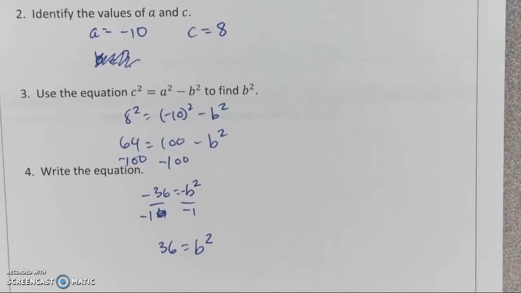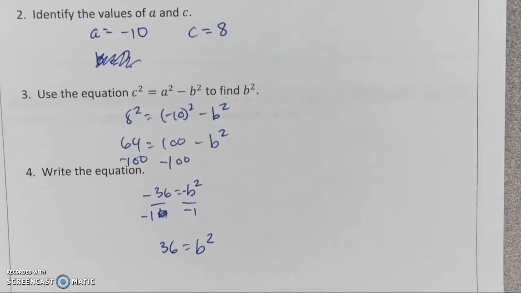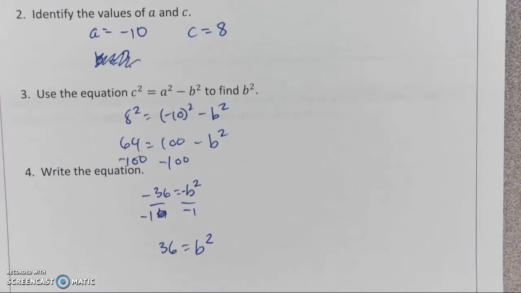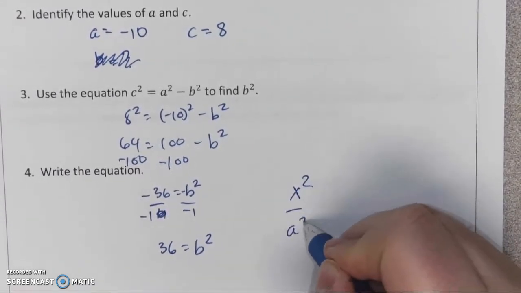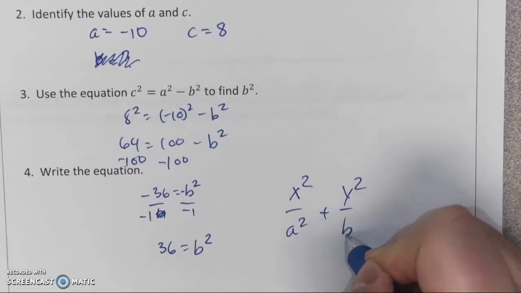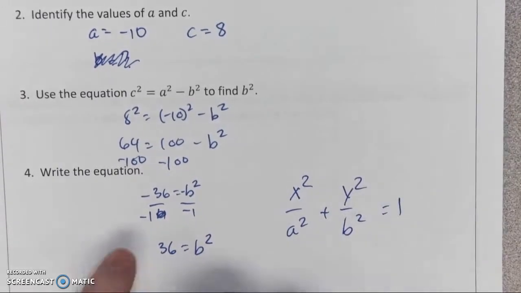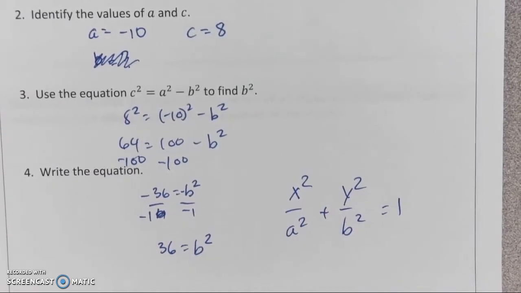And I know that this ellipse is a horizontal ellipse. So the equation has to have the form x squared over a squared plus y squared over b squared equals 1. And again, that's just coming from page 6 on that chart. That's where you find the equation of the ellipse. So now I'm left with plugging in values.